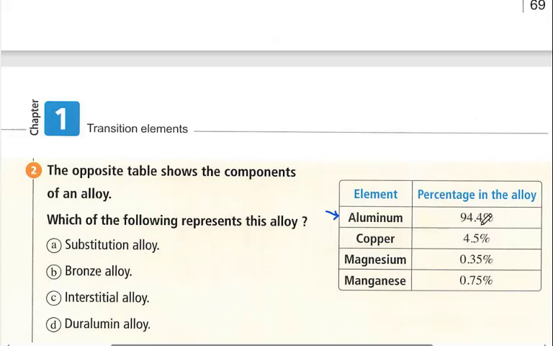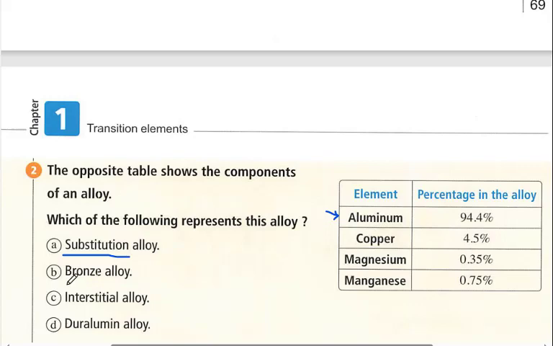Aluminum here is 94.4%, copper 4.5%, then magnesium and manganese, as we have mentioned. So it is not a substitution alloy, as copper and aluminum are not from the same group in the periodic table.